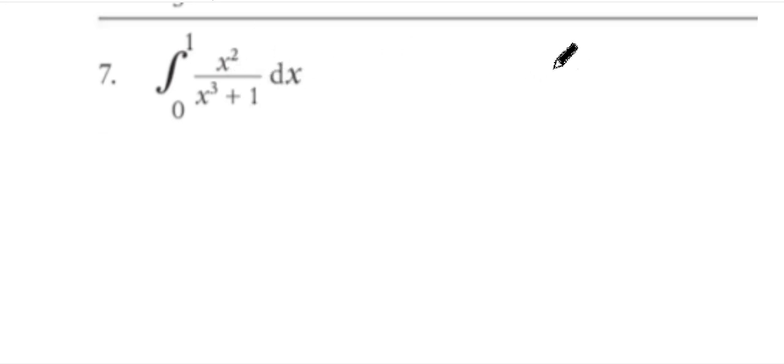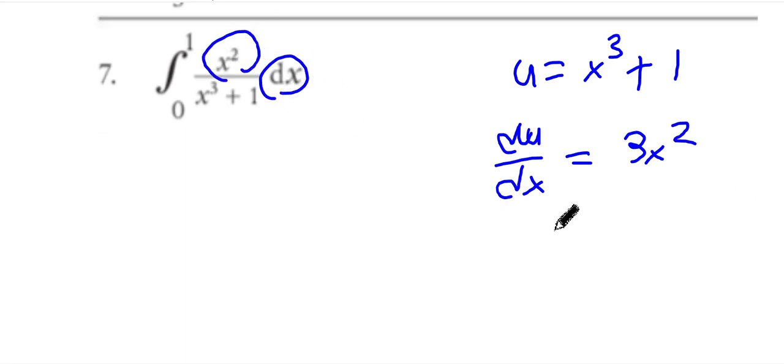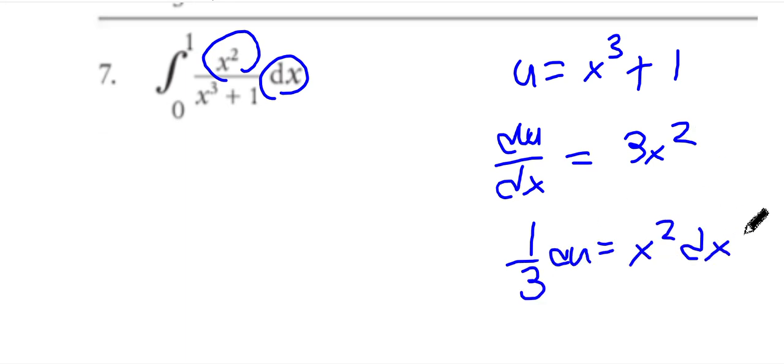So the more complicated version is the u value on the bottom, 3x squared plus 1. We did the du dx, and what we got was 3x squared. We want to isolate x squared dx, so we bring the 3 downwards and we say a third du, bring the dx up equals x squared dx. We integrated a third du.